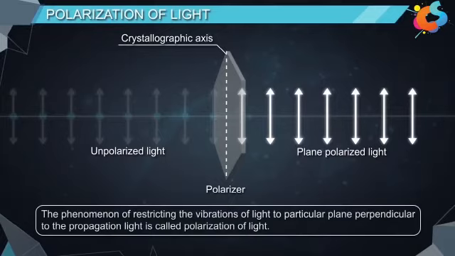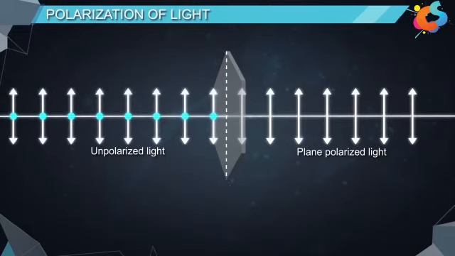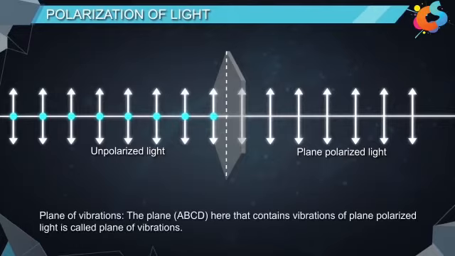The phenomenon of restricting the vibrations of light to a particular plane perpendicular to the propagation of light is called polarization of light. Now, let us learn about two important terms used in this topic. One, plane of vibration.